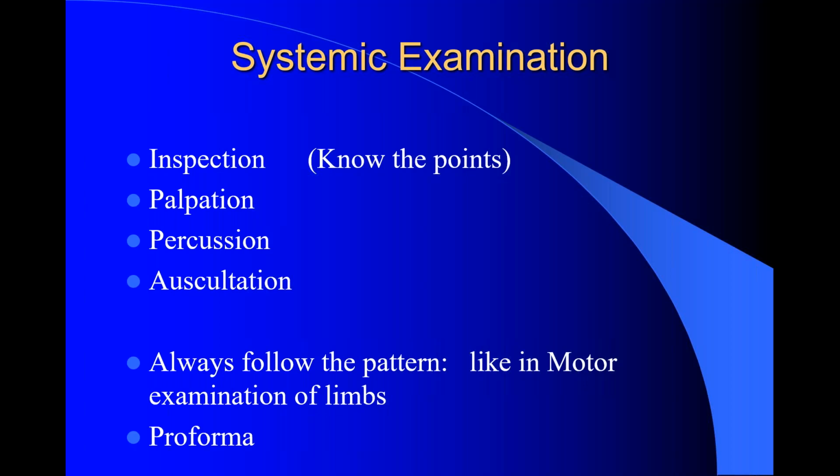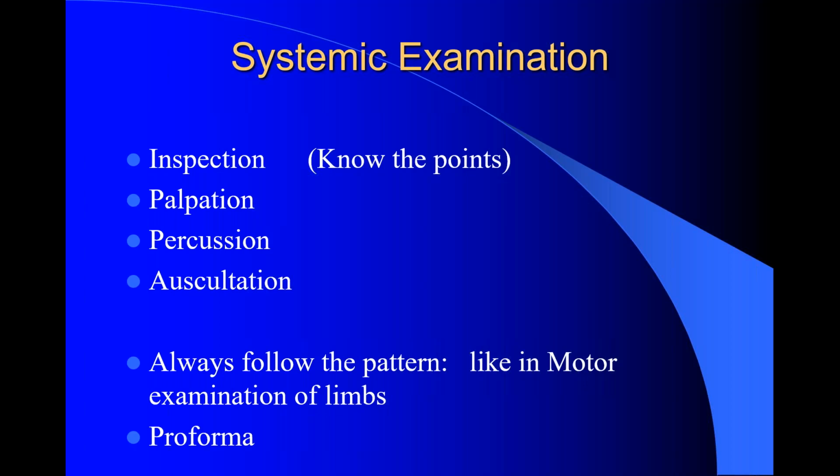It has a sequence, like bulk, nutrition, these things you have to see. You will not jump on to doing reflexes, or jump into seeing the power. It has a sequence that you have to follow. So you can make up a proforma and then follow that. That will give you a better way of doing things, and you will not miss things.